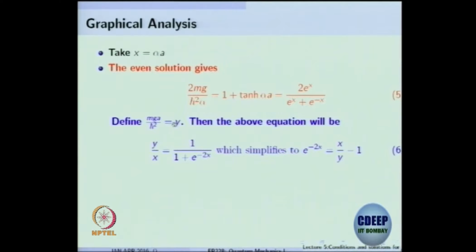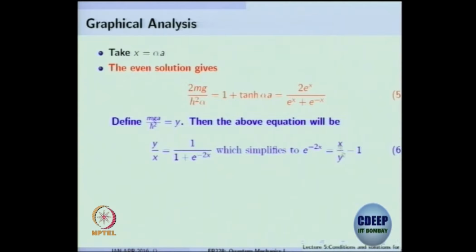You can fix y to be some value, 0.1, 0.2, okay. And you have the right hand side as x by 0.2 minus 1, and the left hand side is e to the minus 2x, which is a function of x. The right hand side is also a function of x because y is a constant. So you can plot e to the minus 2x as a function of x.